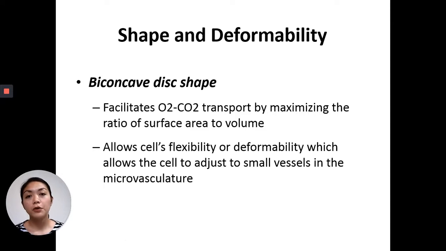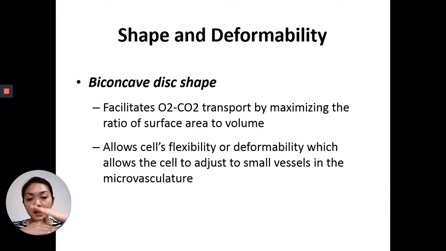So basically, the normal volume, the range of the MCV of the red blood cell is 80 to 100 femtoliters, or average tabi 90 femtoliters. For 90 femtoliters na sphere, na bilogya, gamay lang ang surface area.